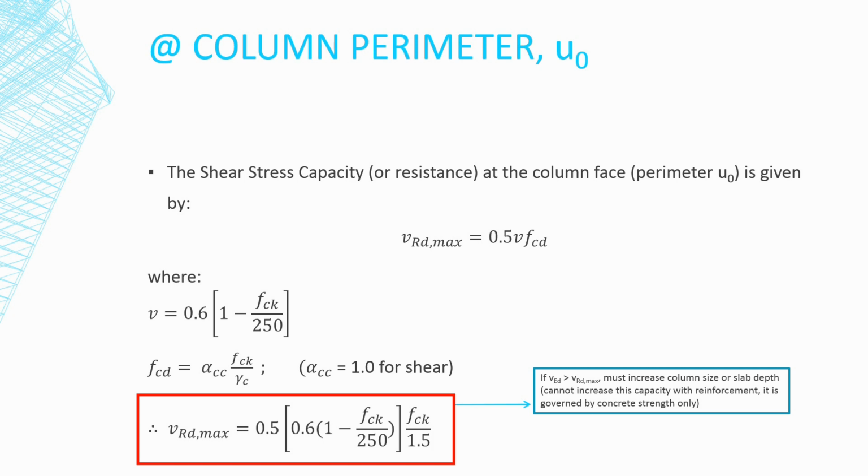Therefore, should the shear stress capacity be insufficient at the column perimeter, there is no means of increasing this capacity without increasing the size of the column, increasing the depth of the slab, or increasing the strength of the concrete. Consequently, failure at the column perimeter cannot be resolved by providing additional reinforcement, either in the form of additional tension reinforcement over the column head or shear links.